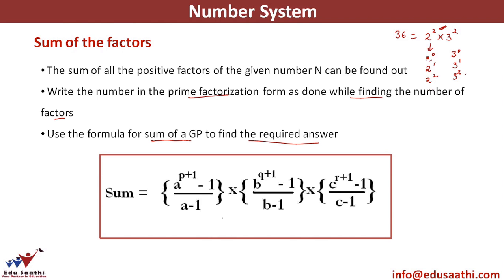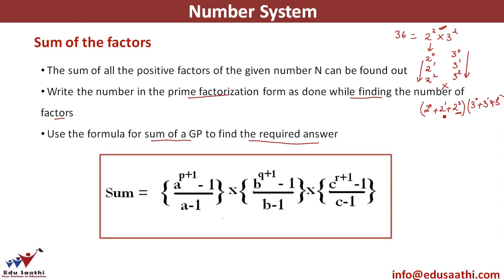What I do is I sum up these powers, and then I multiply them to get the total sum of the factors. So it is (2 raised to power 0 plus 2 raised to power 1 plus 2 square) into (3 raised to power 0 plus 3 raised to power 1 plus 3 square).